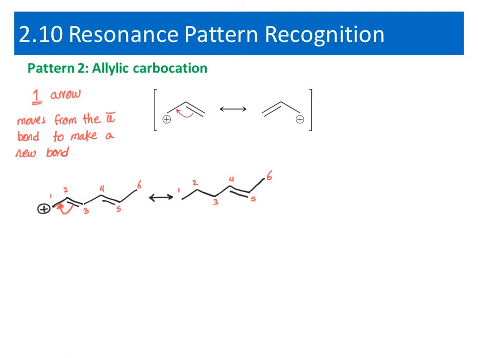Alright, so now the new bond is between carbon 1 and 2, and then carbon 3 gets the positive charge. Okay, then again I have this double bond and a plus charge, so again a new allylic position. I can draw another resonance structure here.